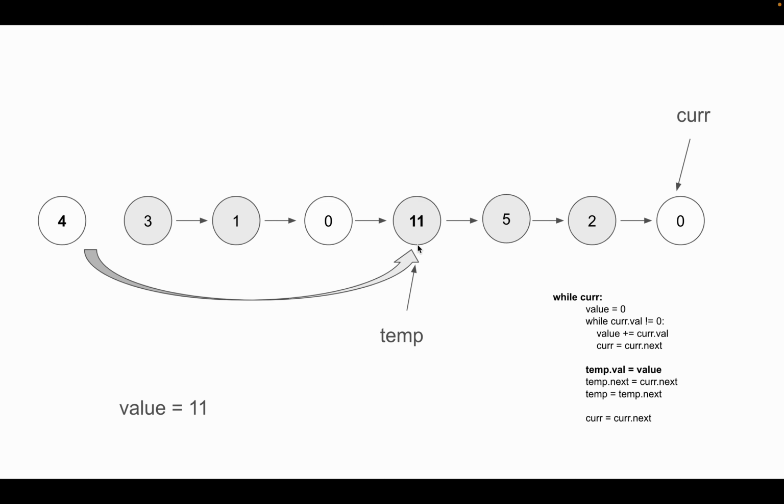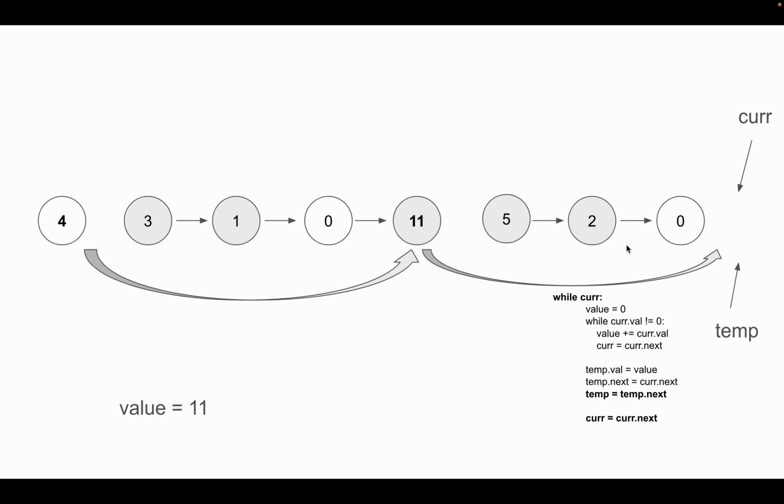The reason we set temp.next equals current.next is that it will be pointing to an empty node, which is null, instead of pointing to 0. If we set it to point to current, it will point to 0, and then you have an extra 0 when you're returning. So now your head is just 4, pointing to 11, pointing to null. And then we set temp to temp.next and current equals current.next. Again, in this case, we exit the while loop, because current is null right now.